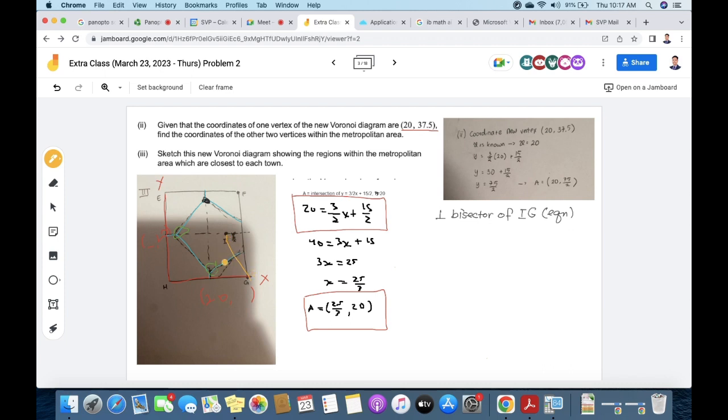This line here, the blue line, which is part of the Voronoi diagram, happens to be the perpendicular bisector of IG. Being a perpendicular bisector, this point, which is also found on the blue line, is the midpoint of IG. So this must be located at the middle of IG. So first we need to find the midpoint of IG.